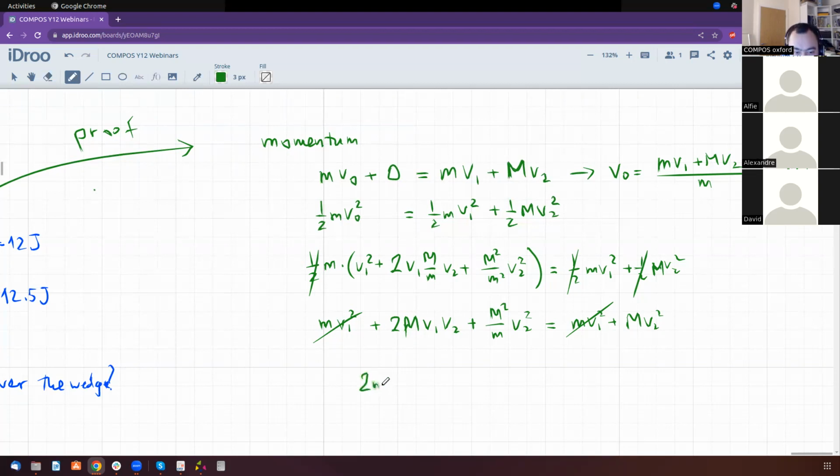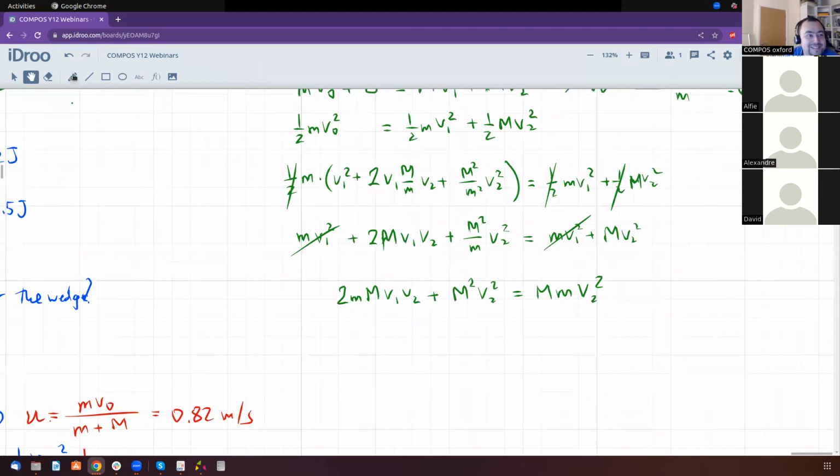So 2mM v1 v2 plus M squared v2 squared equals mM v2 squared. We can check the consistency with the units. So it's m times M, kilograms, meters per second. So the units are consistent. That's good. That doesn't always happen.